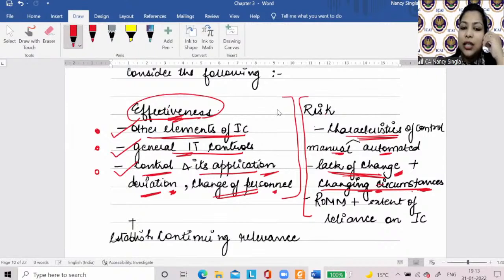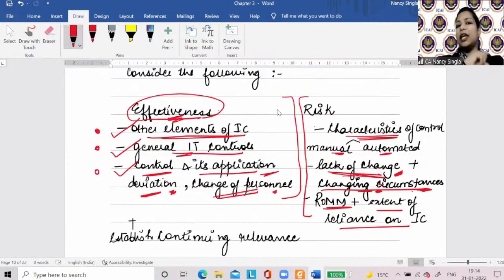And also see if there is risk of material misstatement, and the extent of your reliance on internal control. See, obviously, with respect to the assertion on which the internal control has been implemented by the management, if your extent of reliance on internal control is high, okay, and that assertion is prone to risk of material misstatement, you have assessed that risk of material misstatement is there, you will obviously, after applying your professional judgment, retest that control.